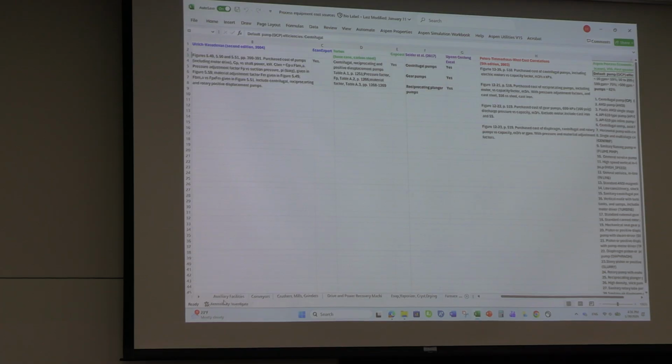I consider auxiliary facility, conveyor, crusher, milling, grinding size, motor or drive, power recovery machinery, evaporator, vaporizer, crystallizer, drying, furnace.